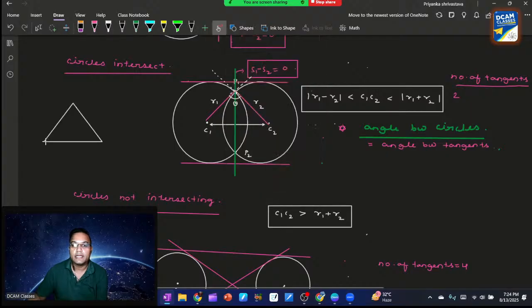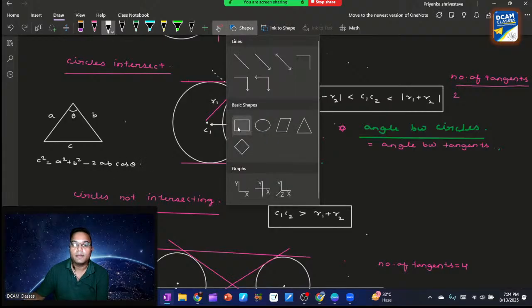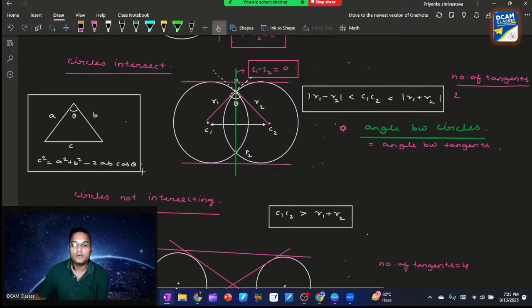When a triangle is there, this is A, this is B, this is C, and this angle is theta, then you can write C square is equal to A square plus B square minus 2AB cos theta. I have given you this formula, no? Do you remember this one? Cosine rule. If you do not remember, remember this.